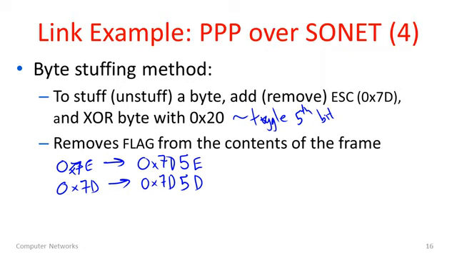The virtue of using this scheme is that we've completely removed occurrences of the flag character 0x7e from the contents of the frame. So now we can just search the byte stream for 0x7e, and when you see it, you've got the start of a frame. It can't occur inside the frame because we've modified it in some way by using this convention.